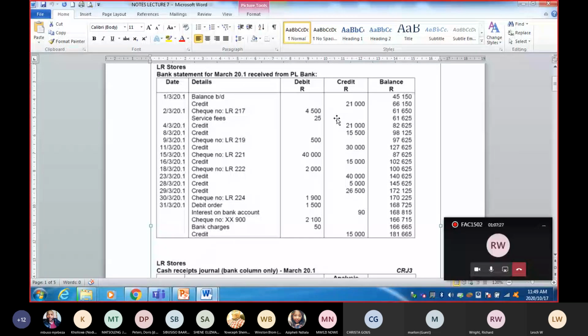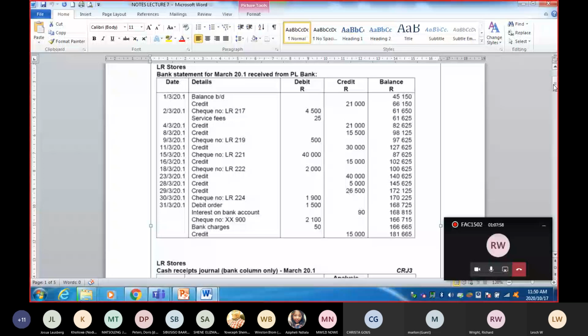The 500 is there. The 40,000 rand is there. The 2,000 rand is there. The 1,900 is there. But the 1,500 rand is not there, and that is a debit order. The next amount of 2,100 rand is also not there. And then there is a 50 rand for bank charges that is also not in our cash payments journal.